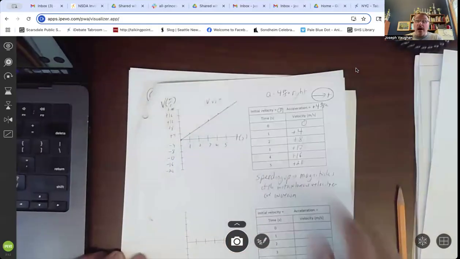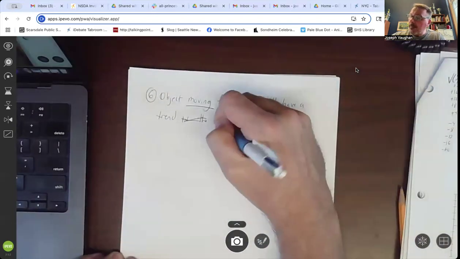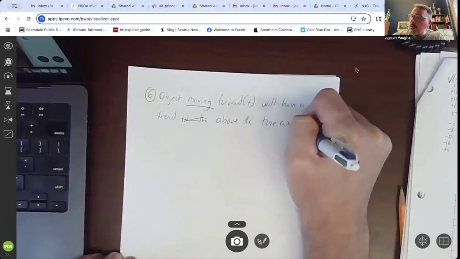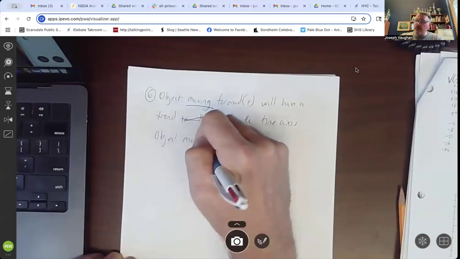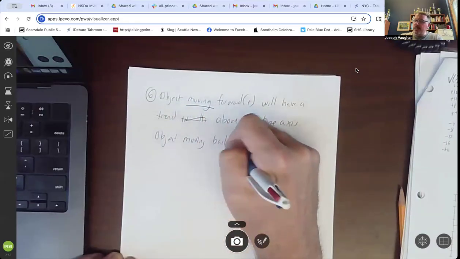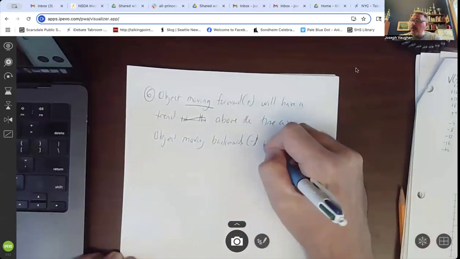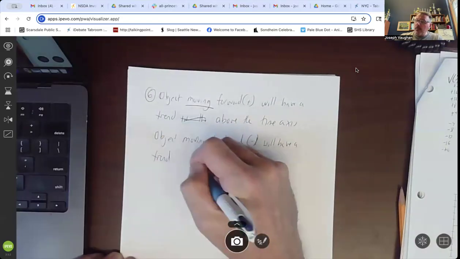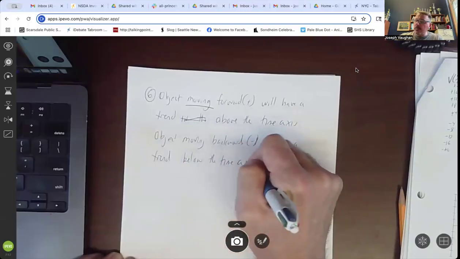That trend is above the time axis. And therefore, an object moving backwards, which we said is generally negative, will have a trend below the time axis. Okay.